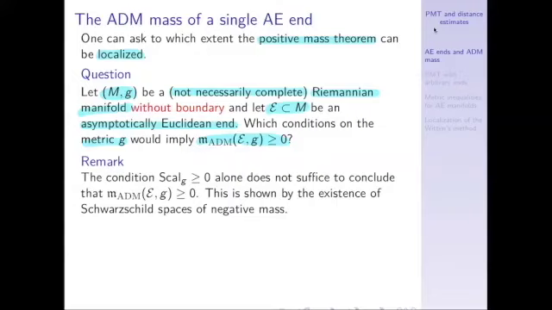So the condition that the scalar curvature is non-negative is not enough to conclude that the ADM mass must be non-negative. To see this, just consider the Schwarzschild space of negative mass. So in this case, we have an incomplete metric that is scalar flat with negative mass.